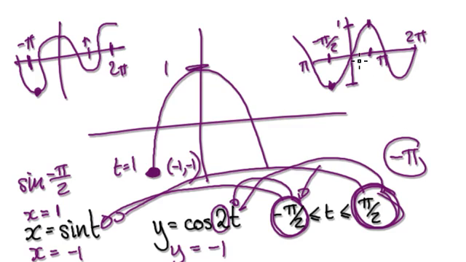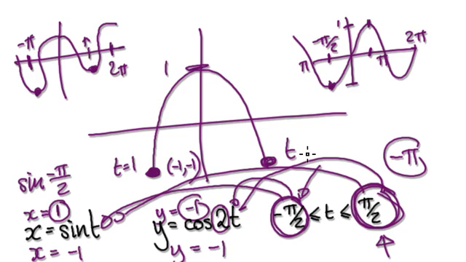So cos of pi is here. So that will be negative 1. So y will be negative 1. So when time equals pi over 2, the coordinates will be 1, comma, negative 1. That will be somewhere here.